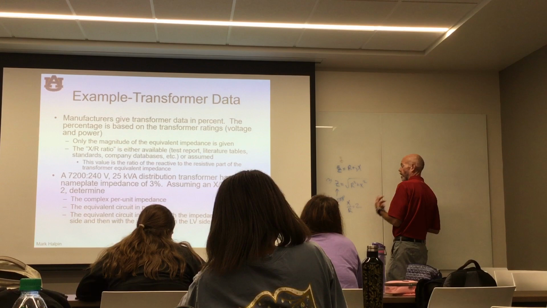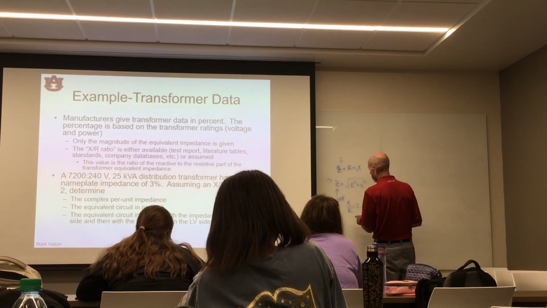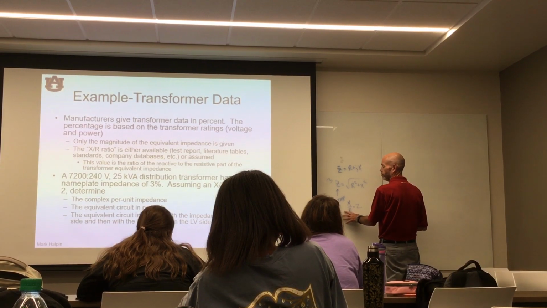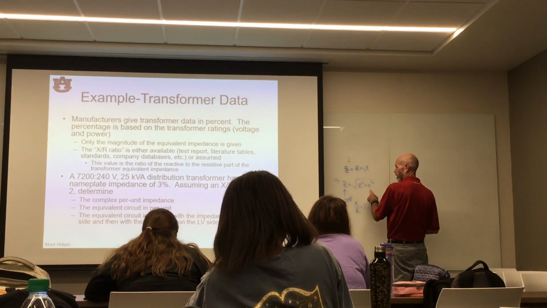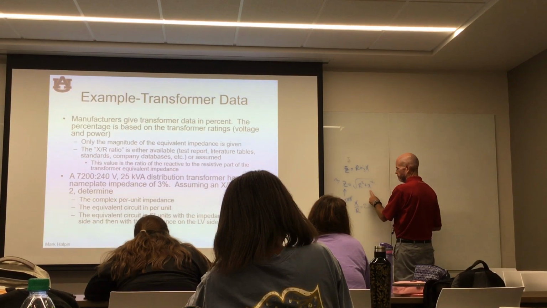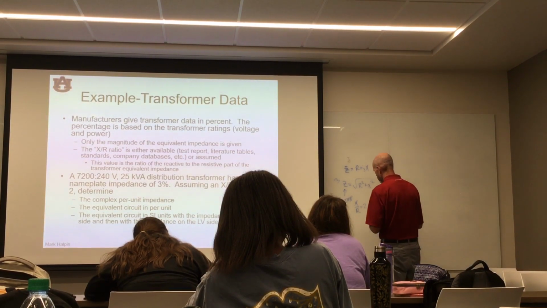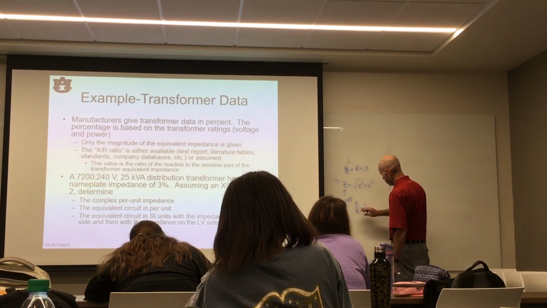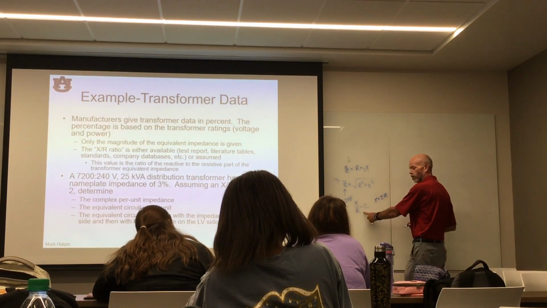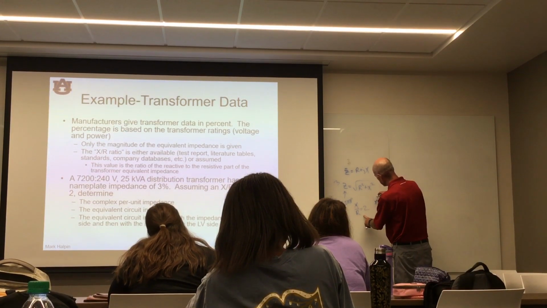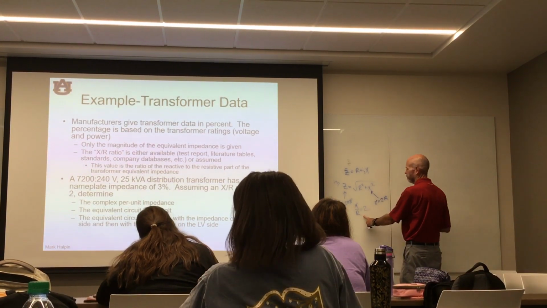But what I do is plug in the X to R ratio. I'll substitute that in for X. So, if you look at this, we could say that X is equal to 2R, right? Now I'm going to substitute that in right there.